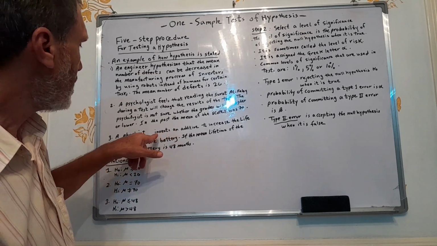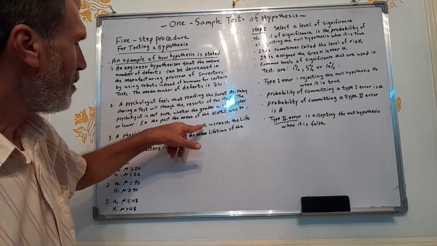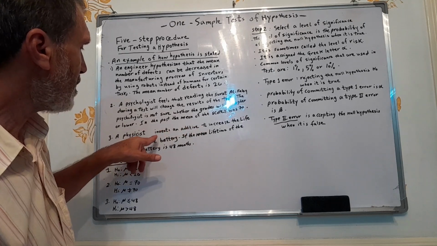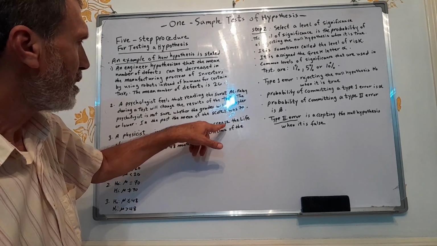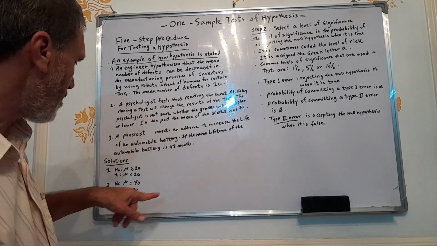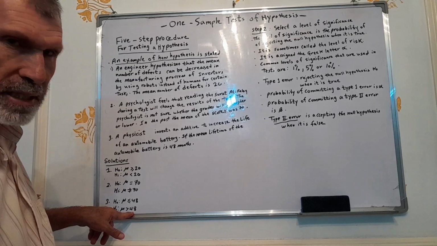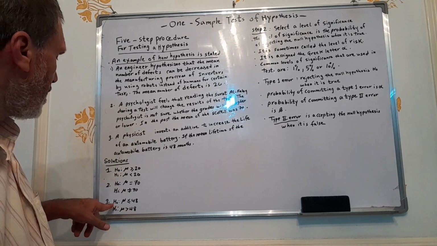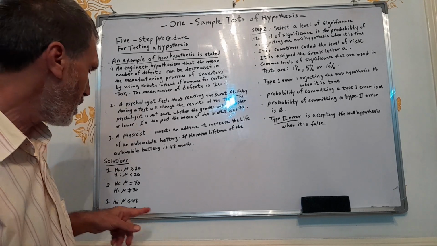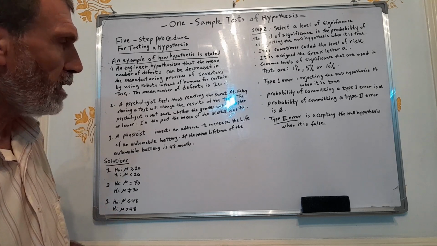Of course, his claim is that the additive he invented will increase the life of an automobile battery. Increase means greater than. So we say mu greater than 48, that's the alternate, and then the null hypothesis is going to be mu less than or equal to 48 months.